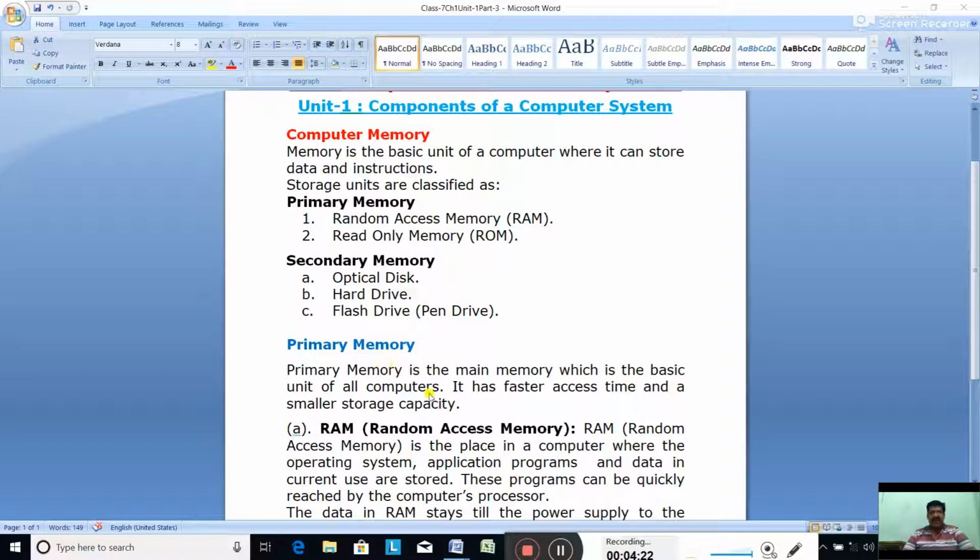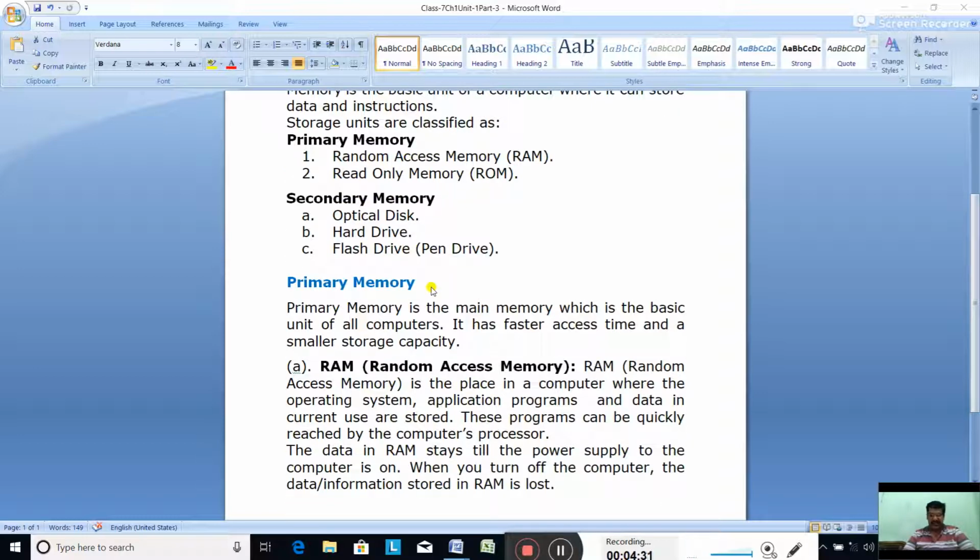Primary memory generally refers to RAM, that is random access memory. Mainly there are two types of primary memory: random access memory and read-only memory. Now first comes RAM.